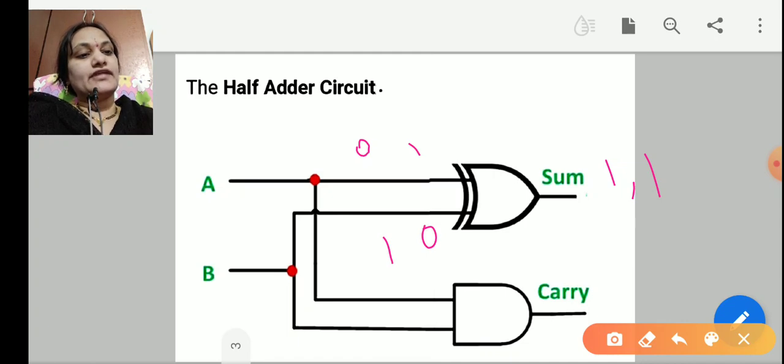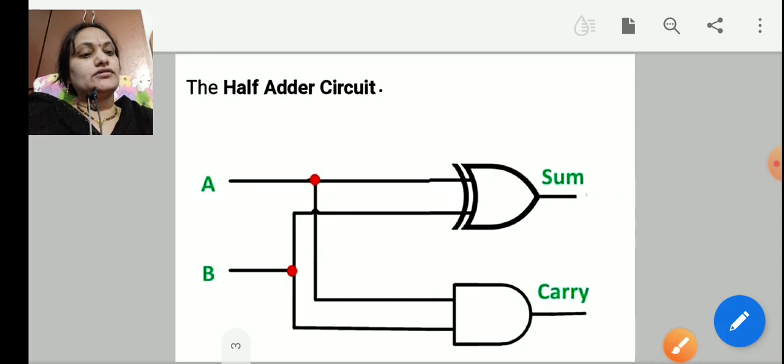And in case of carry, that is the carry terminal connected to the AND gate, let us see the performance of the AND gate. In case of AND gate, the output becomes 1 when the inputs are 1, 1.